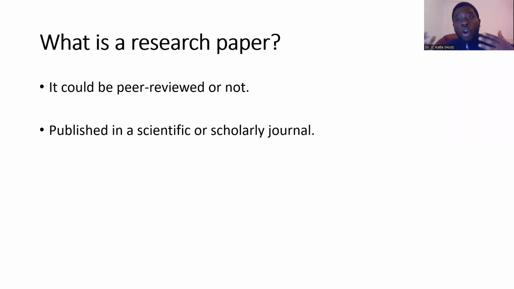In other words, by your colleagues, because it will not be proper for anyone to do any research work and just send it to a journal and the journal publishes it without it being well scrutinized, and to make sure that that particular piece of information in the research paper fits into current science and current thinking and follows a particular methodology. And so that's the importance of the peer review process, and it gives credibility to your research paper.